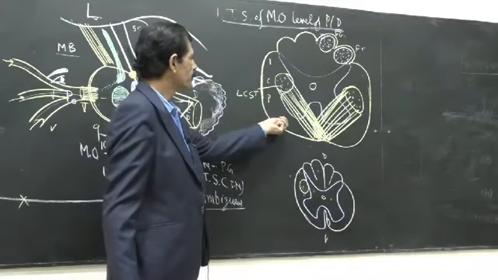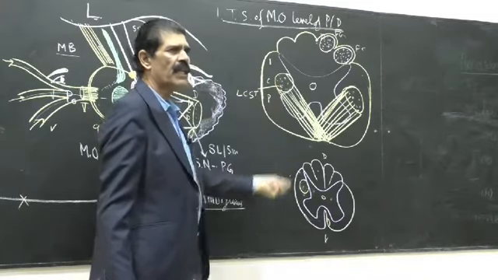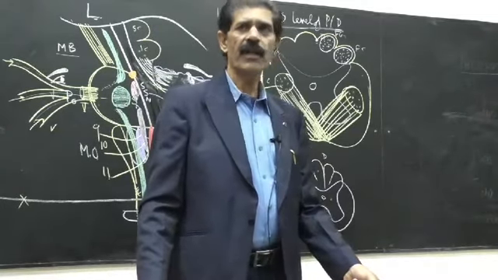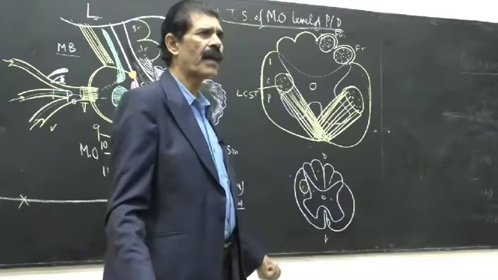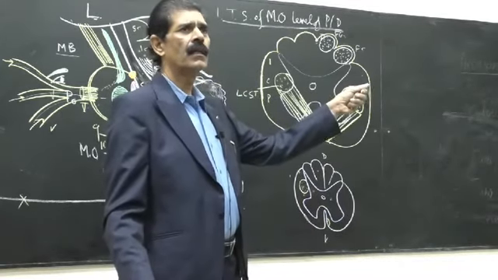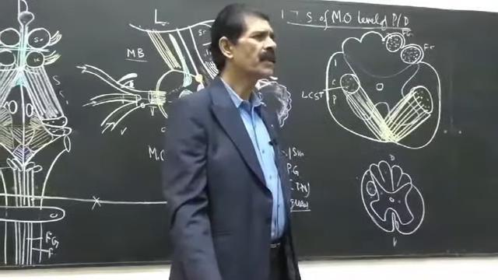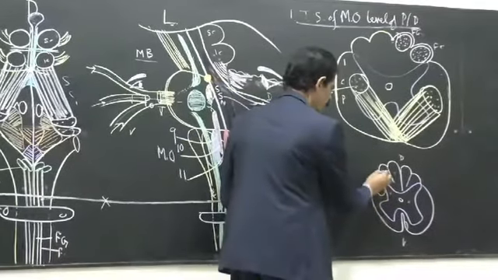Then the inferior cerebellar peduncle. It contains pairs of afferent and efferent fibers. Which fibers are coming from the spinal cord to the cerebellum? They are the anterior and posterior spinocerebellar tracts, which we have made in the lateral column here.